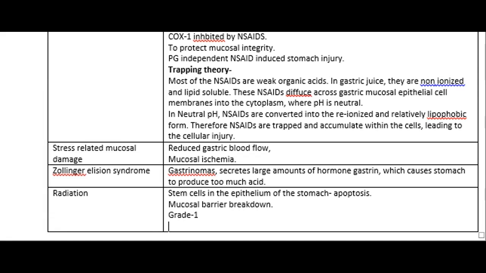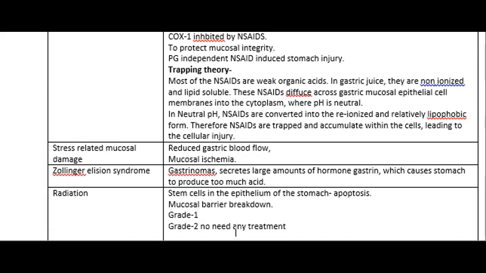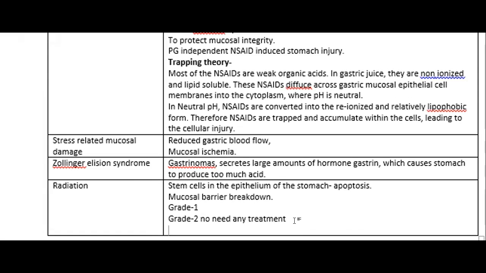In grade 1 and grade 2, if the radiation injuries are very frequent, the patient needs no treatment, they can be cured by themselves. And coming to grade 3 and grade 4, if the patient is suffering with GI bleed because of this radiation, then the patient needs therapy.